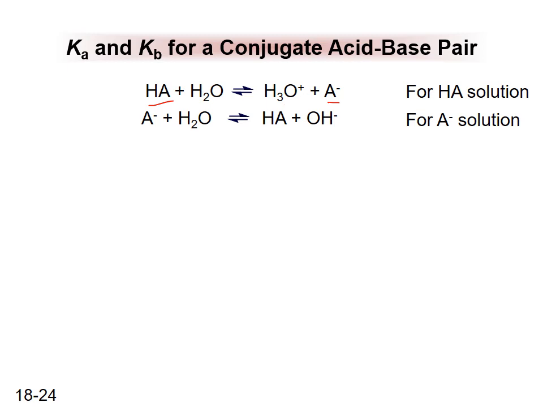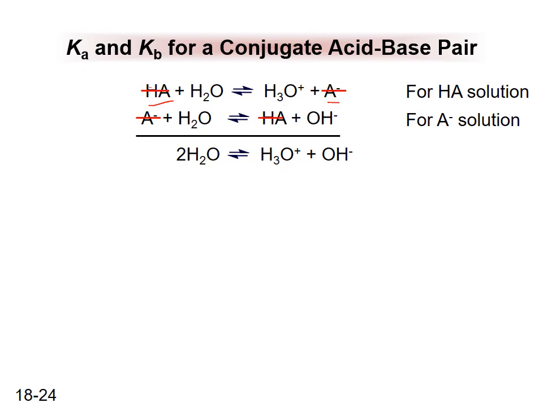So this second one is the conjugate base of the weak acid ionization reaction in water. Now if we combine these two reactions together, you will see the conjugate base cancel each other, the acid also cancel each other. So the net reaction is 2 water forms a hydronium ion and a hydroxide ion.